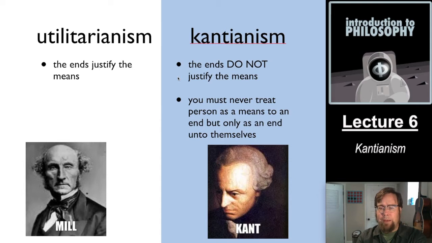The ends do not justify the means, according to the Kantian. So it's important to keep in mind what ends and means are. Ends are like goals or things that are valued, things that you're trying to bring about. And the means are the ways in which you get those things, the methods or the processes or the actions that lead to those things.